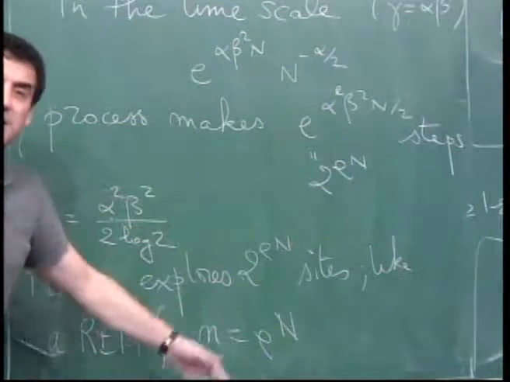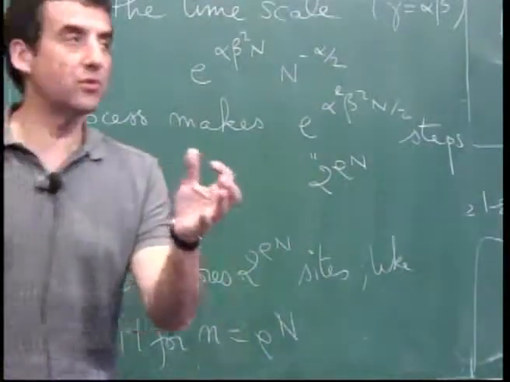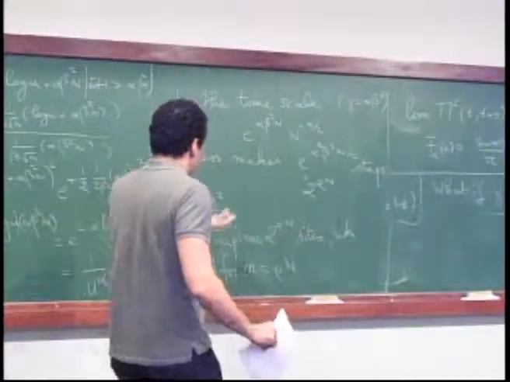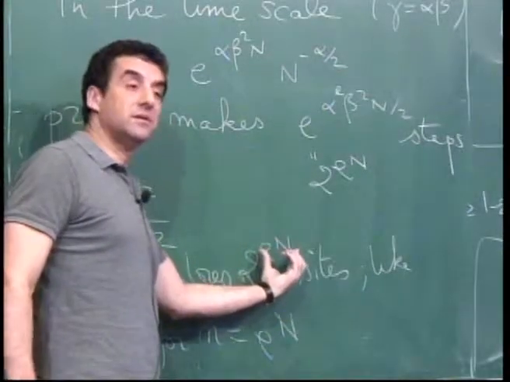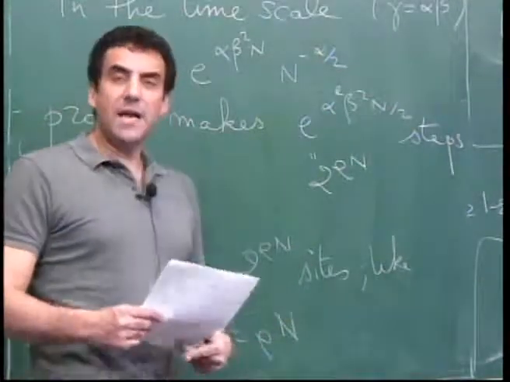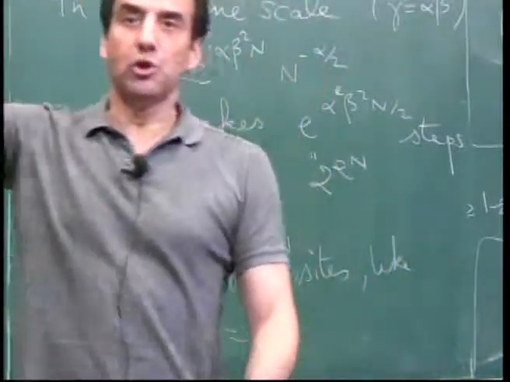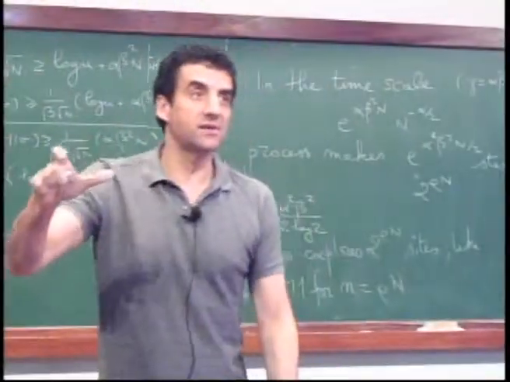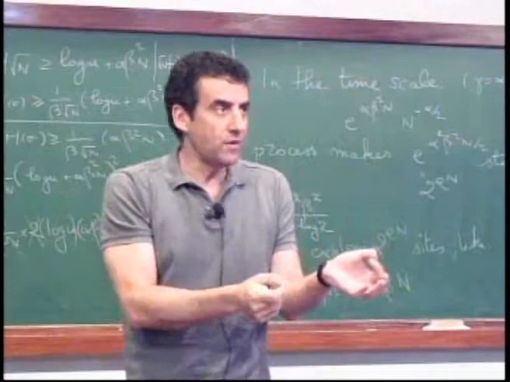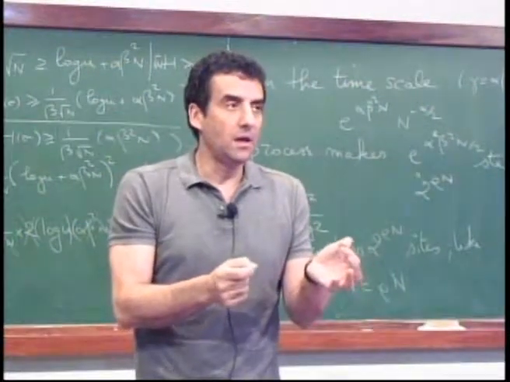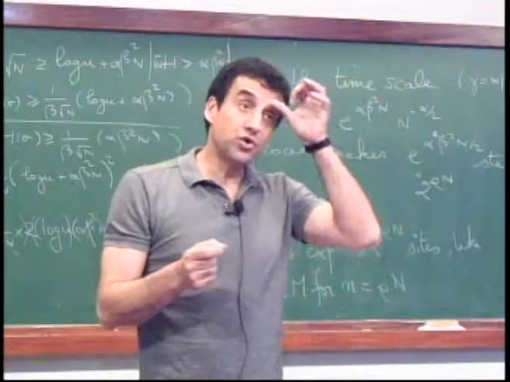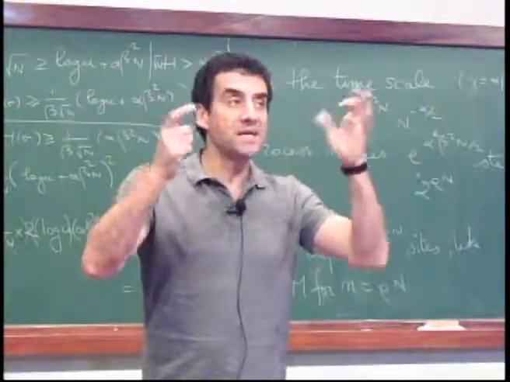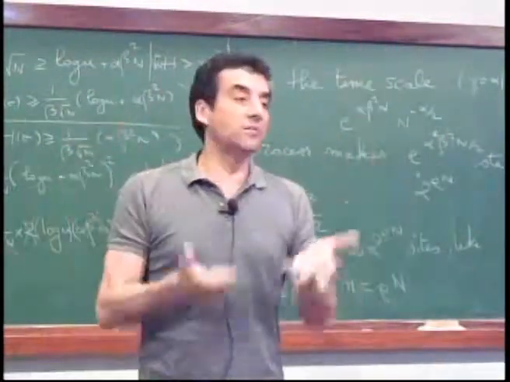So remember what I explained last time, what I call the resampling thing. Imagine that these 2 to the rho n sites, I called this m last time. The process chooses 2 to the m sites, and m is smaller than rho n. Last time I explained what would happen if you chose those 2 to the m sites completely randomly.